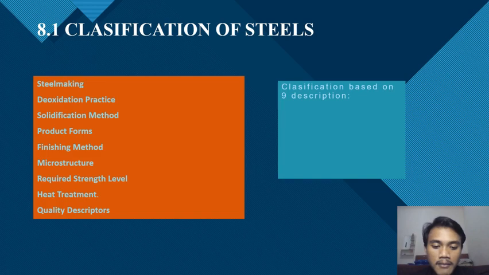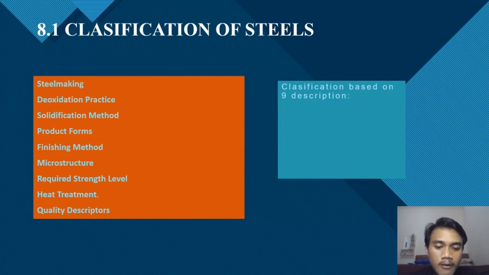The solidification method: after steel is melted and refined, it is then solidified into useful forms by various casting methods. On a tonnage basis, most steel is now solidified in continuous casting operations, but casting of steel still involves the original method of solidifying into ingots.